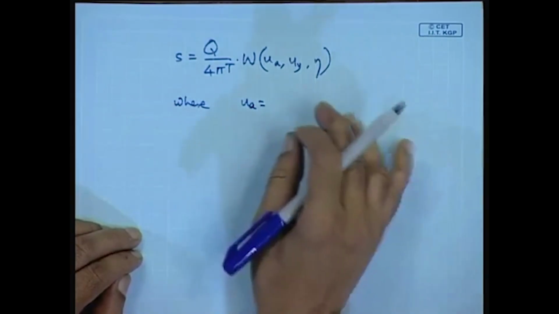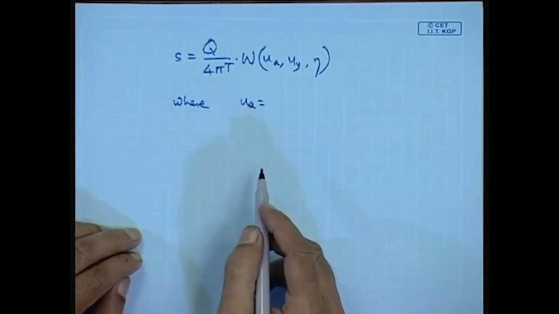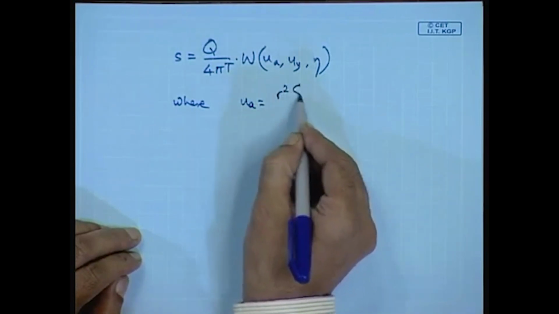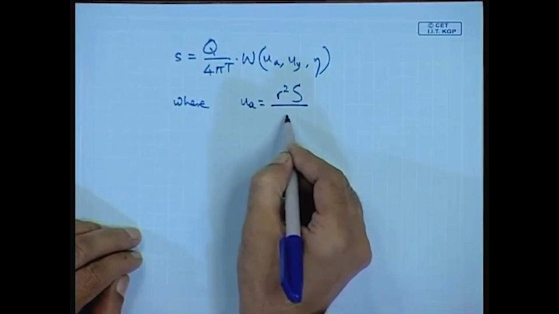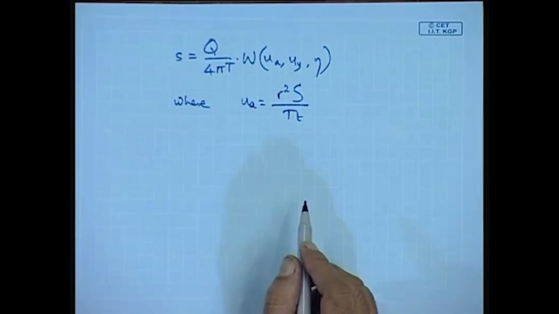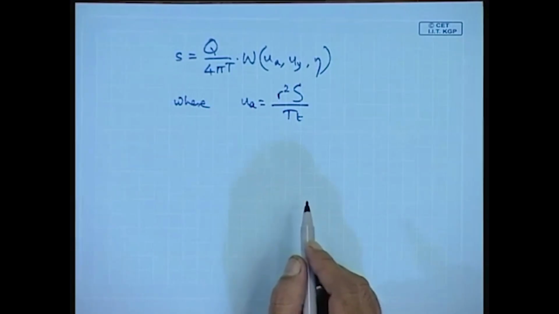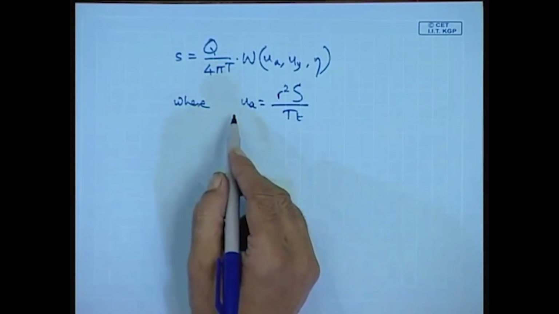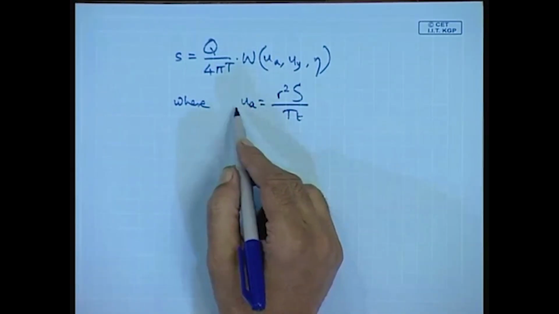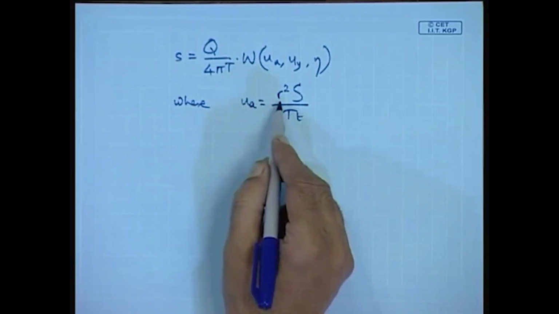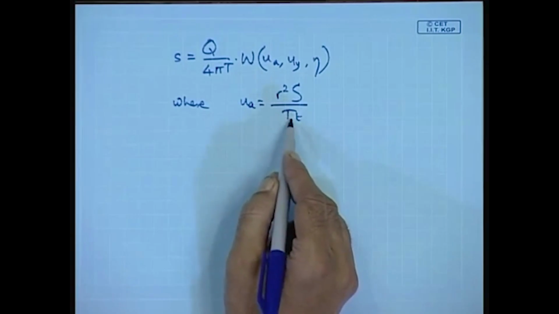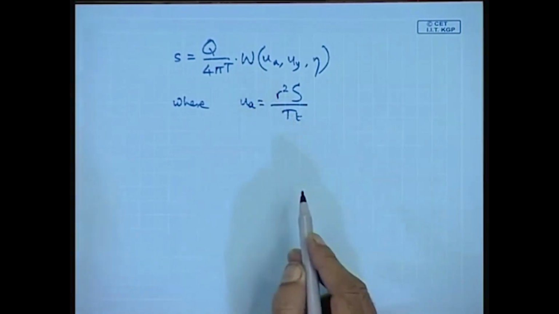Each of them represents one segment. uA is equal to r squared S divided by 4Tt. In the case of unsteady flow in a confined aquifer, the well function u is r squared S by 4Tt, whereas in this case uA is r squared S divided by T, the transmissivity, multiplied by the time since the beginning of pumping.